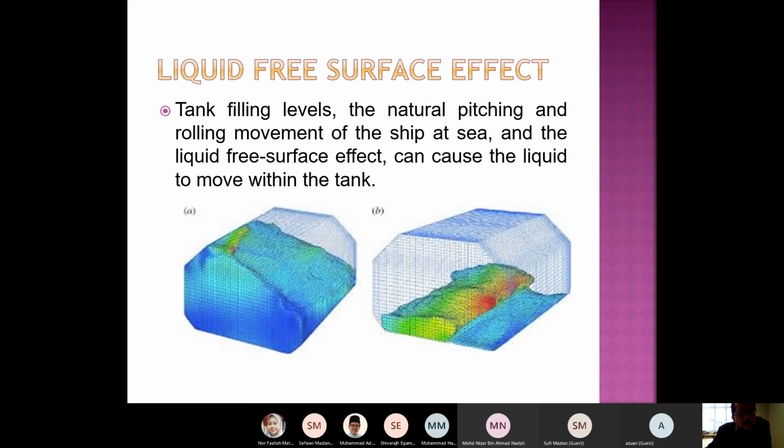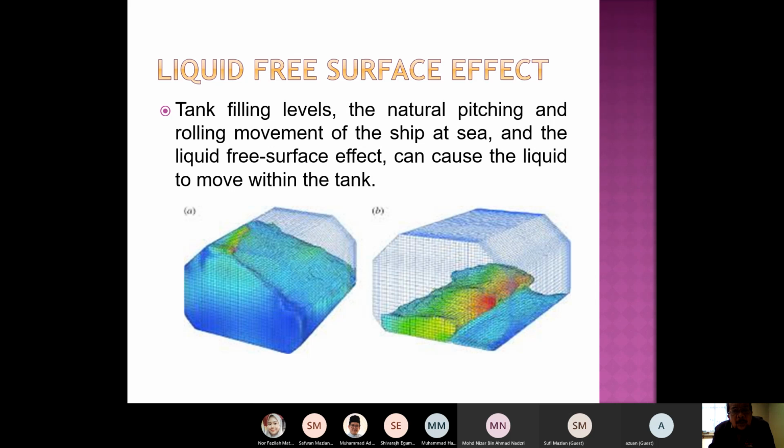Normally we have the free surface effect. So we have tank filling levels and the natural pitching. Those who are familiar with ships know this. That means the pitching motion and rolling from port to starboard, pitching forward and aft, and the liquid free surface effect can cause the liquid to move within the tank.